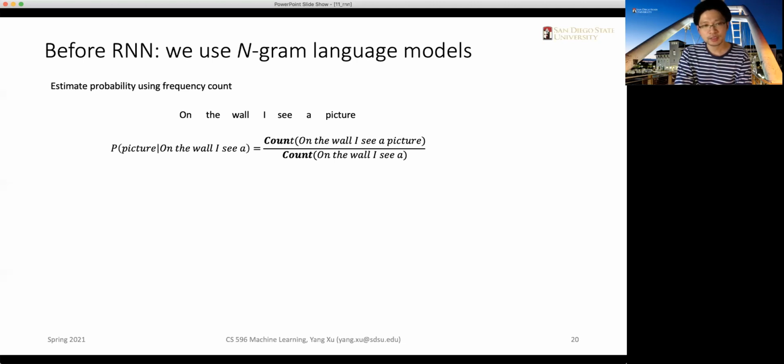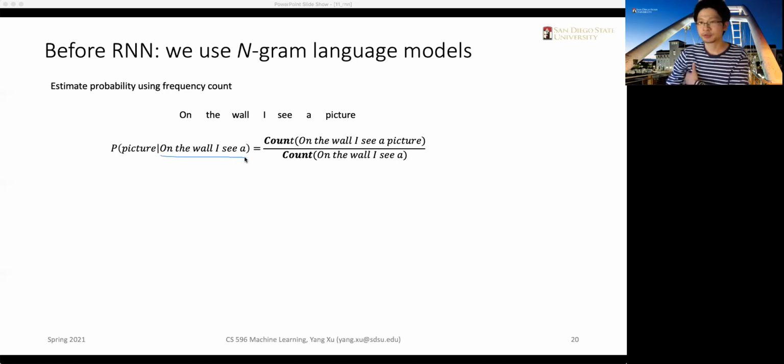And within the sentence, this technique is also used, to measure the probability of the next word given all the previous words. Say the probability of the word picture given the previous five words, which is on the wall I see, right?